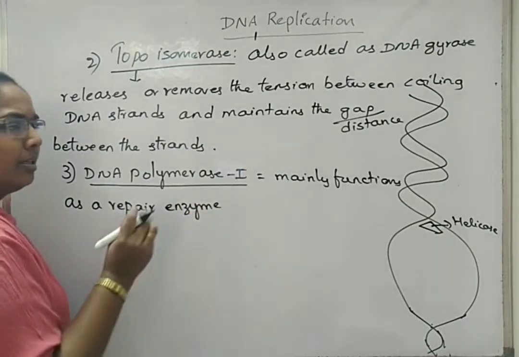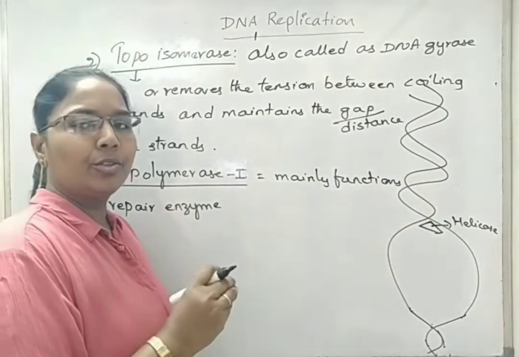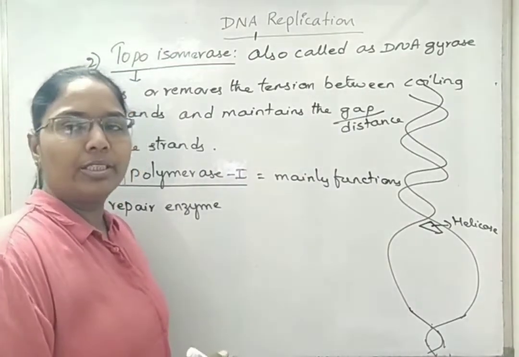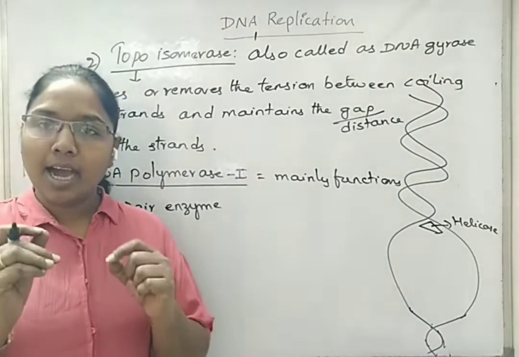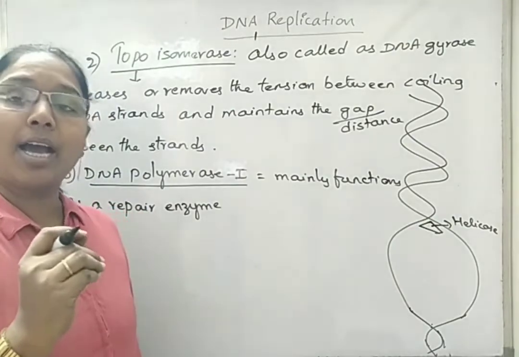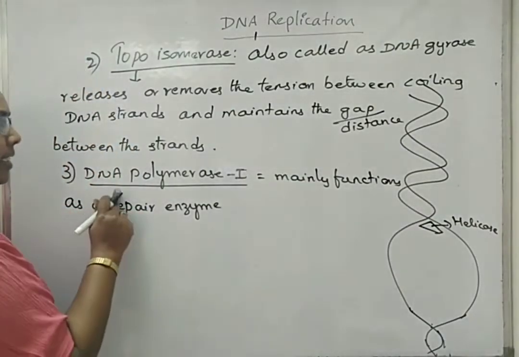What it does: there is a small RNA fragment that helps in the addition of nucleotides for the formation of new DNA strands. After formation of the new DNA strand, that RNA primer has to be removed. That function is done by DNA polymerase 1.